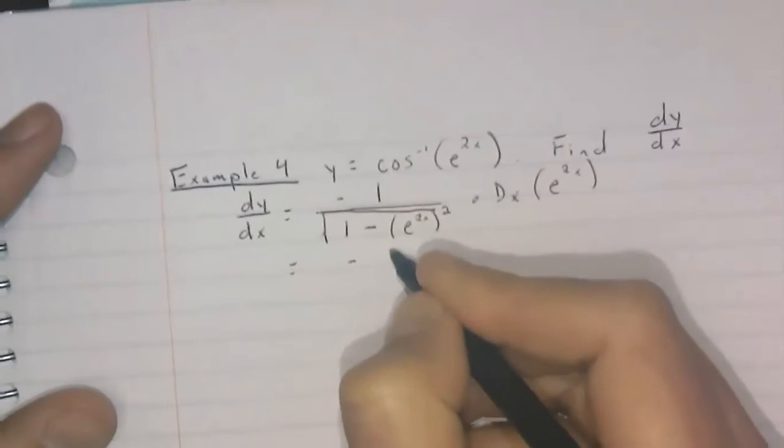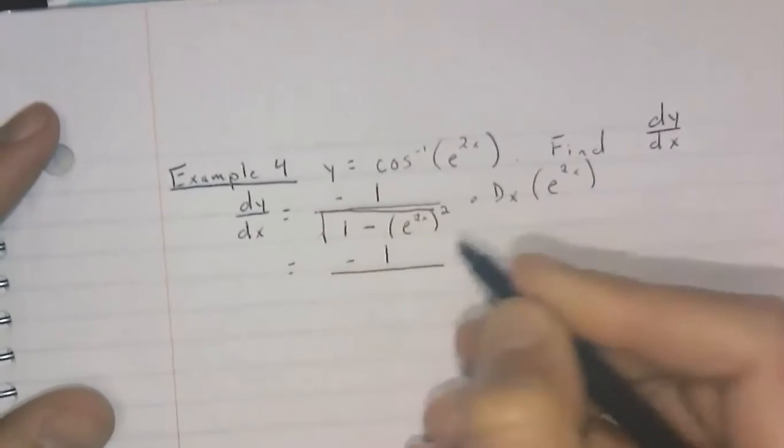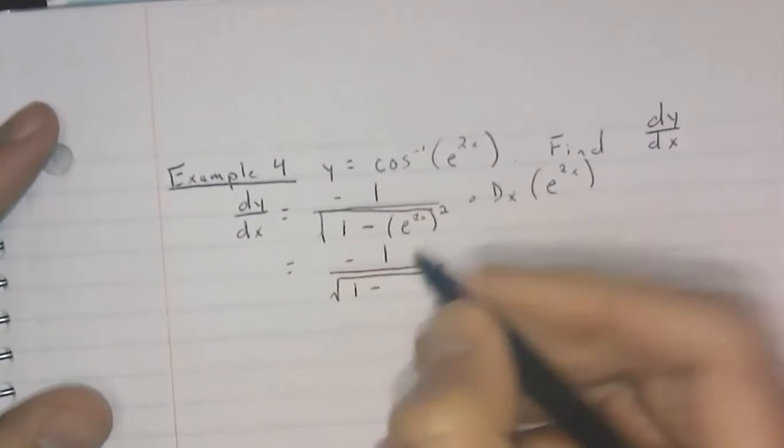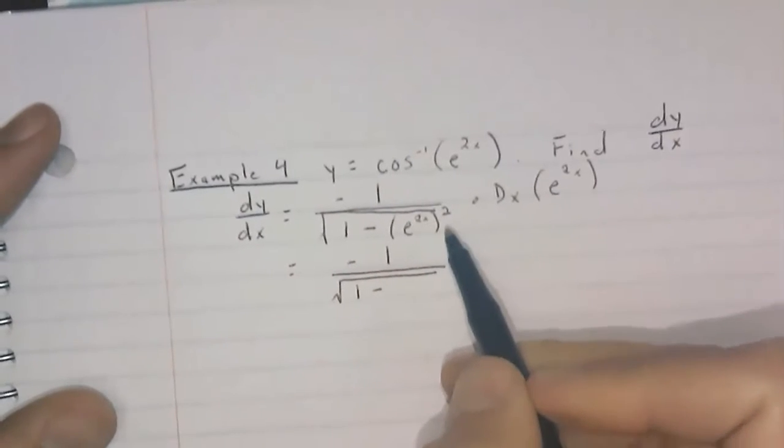So this turns into negative 1 over the square root of 1 minus e to the 2x squared.